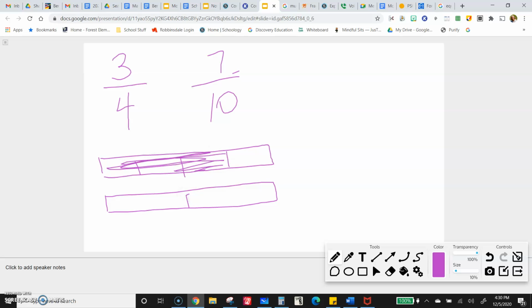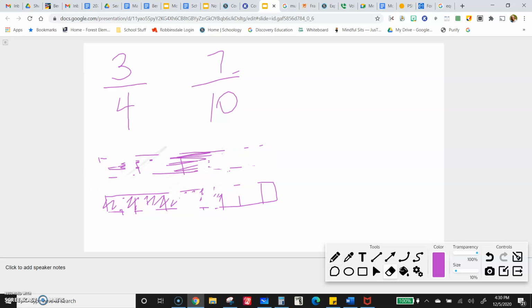Here's 10ths, oh goodness, 10ths are hard to draw. 1, 2, 3, 4, 5, 6, 7. Okay, those are pretty close. Now, 3/4 looks bigger, but it could just be my drawing is not very good. So I don't always want to rely on that.